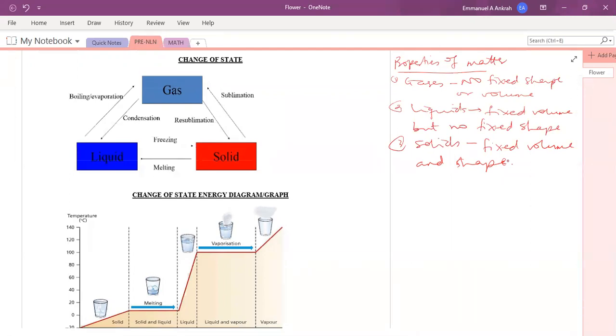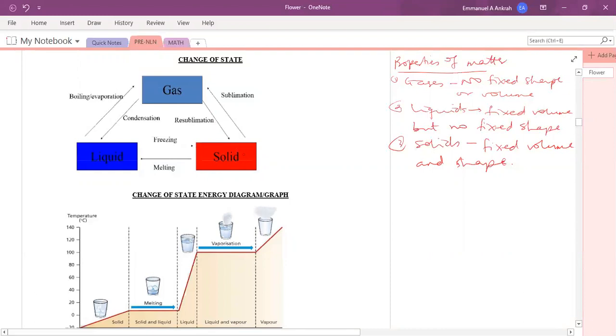Right. So we can change one form to the other. So remember, when changing from gas to liquid, that's condensation. When you're changing from liquid to gas, that's your boiling or evaporation. If you're changing from gas to solid, it's called resublimation.